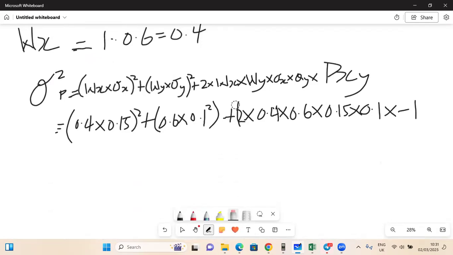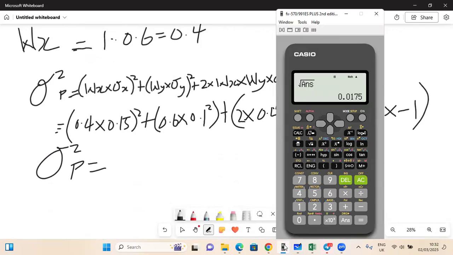If you want to put it on a calculator straight, I advise you put these in brackets. So now our portfolio standard deviation is going to be, let's quickly do this.